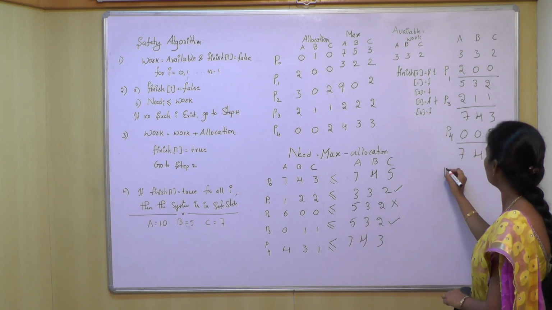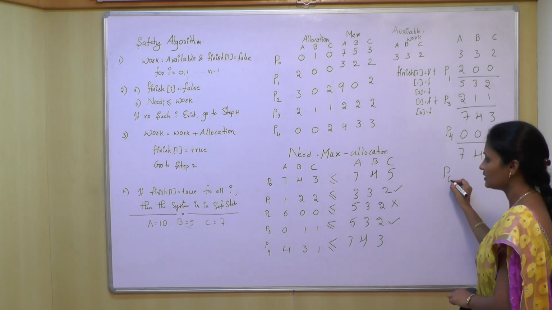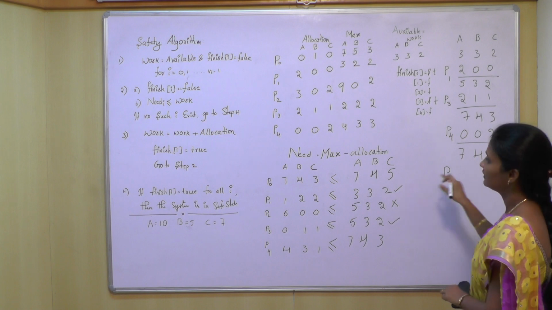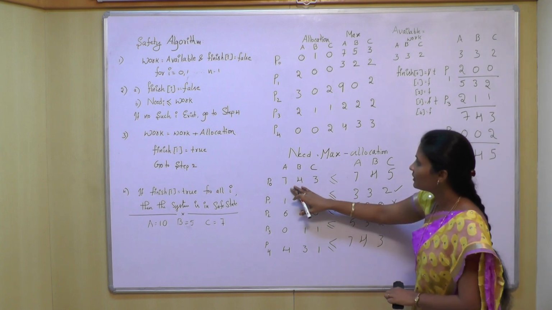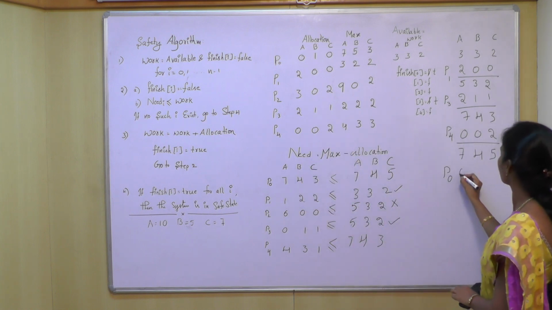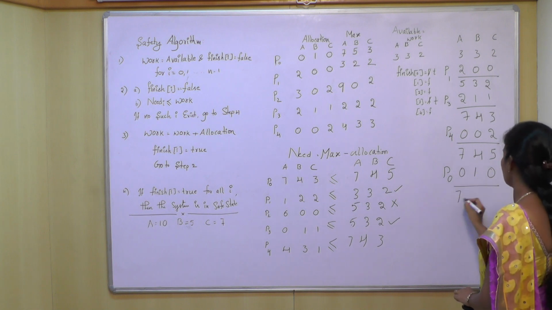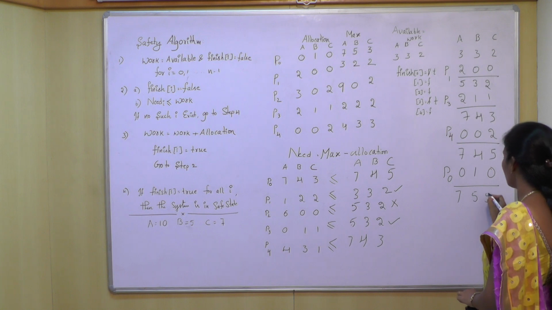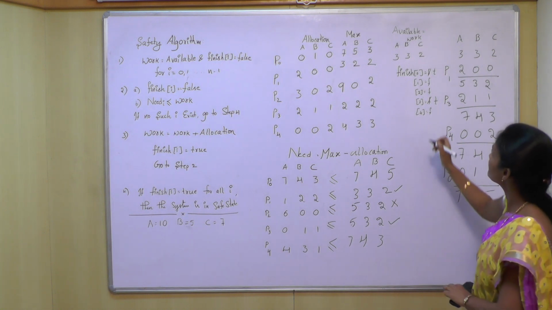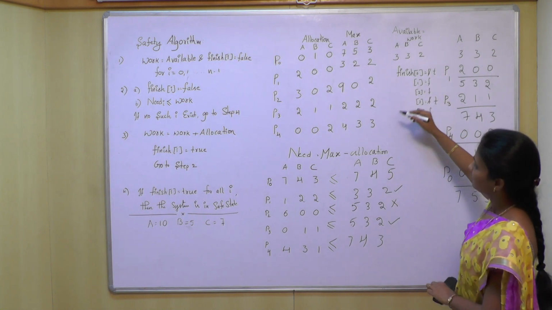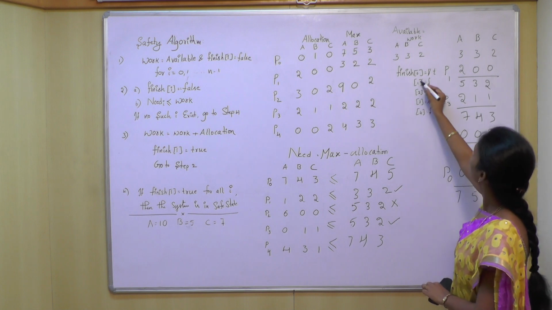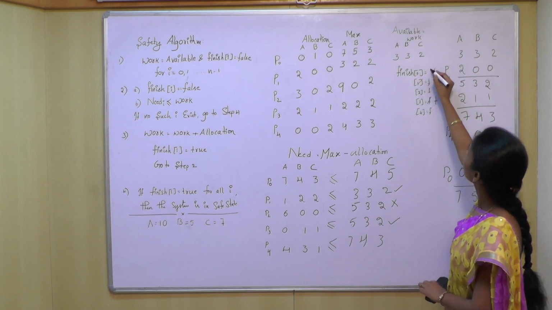Now we include process P0 and add its allocation 0, 1, 0. Now 7, 5, 5 are the available resources, and process P1 is also over.